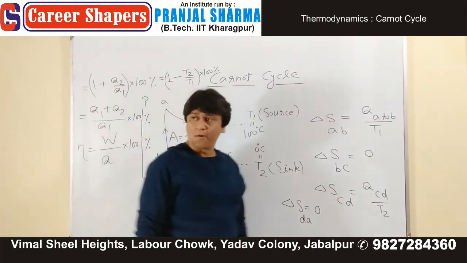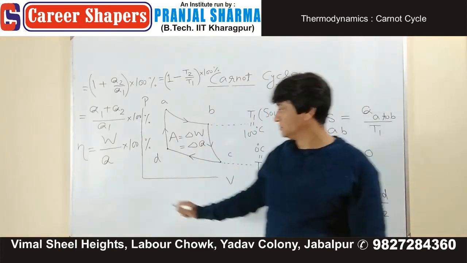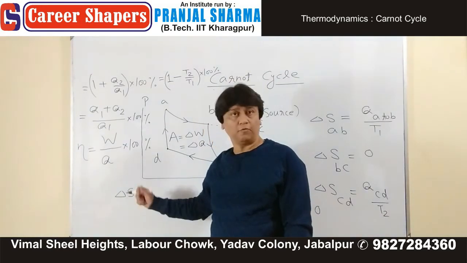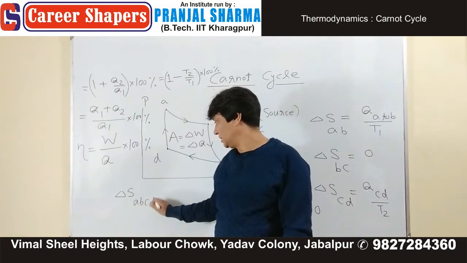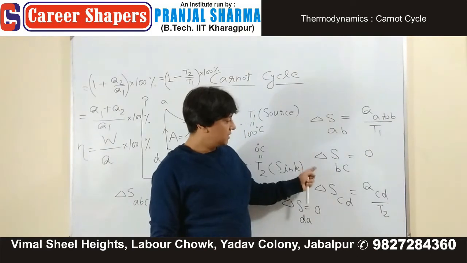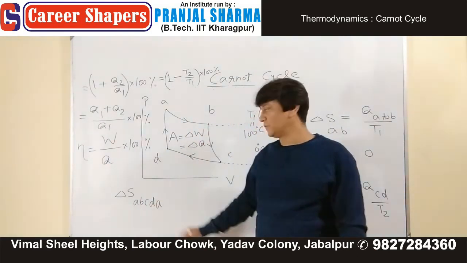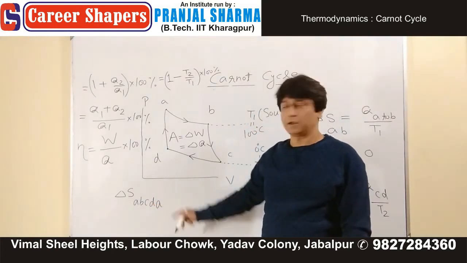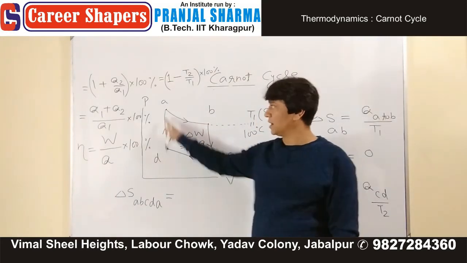Now, delta S for A, B, C, D, A. These are delta S for the 4 components, and this is delta S for the entire cyclic process A, B, C, D back to A. You have come back to where you started.